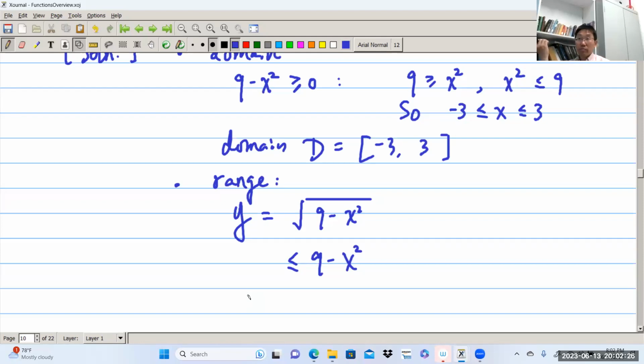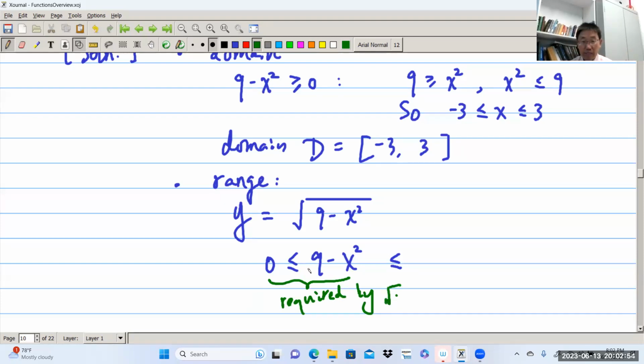It should be 0, right? So 9 minus x squared should be at least 0, clear? But what's the biggest value you can get for 9 minus x squared? This is the requirement to make this function happy, right? This is required by the square root. The square root is happy only when 9 minus x squared is greater than or equal to 0, clear? So that's the way we find the domain.